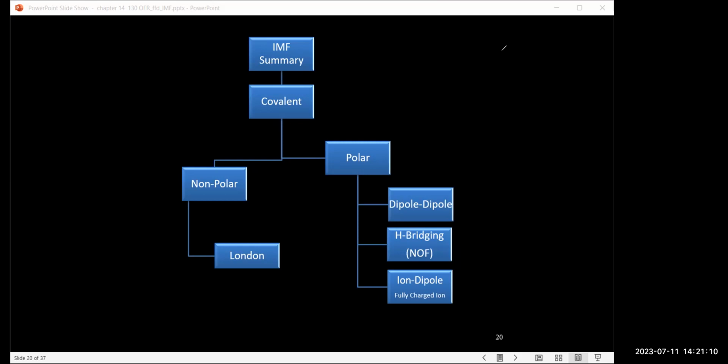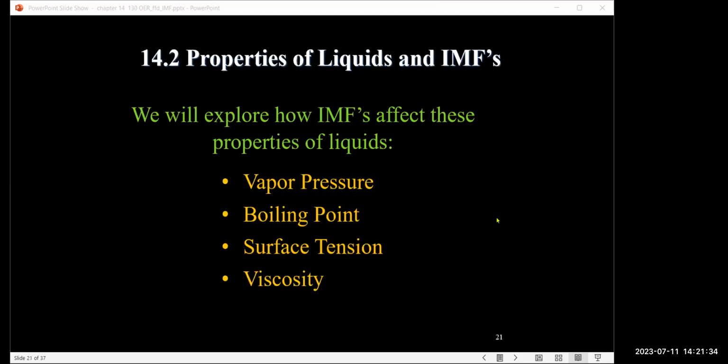And we do that by assigning an intermolecular force to that molecule and then understanding that the weakest is London dispersion forces and the strongest is hydrogen bridging force. That information then allows us to determine who would have a higher boiling point, for example, and some other physical properties, okay, like these.